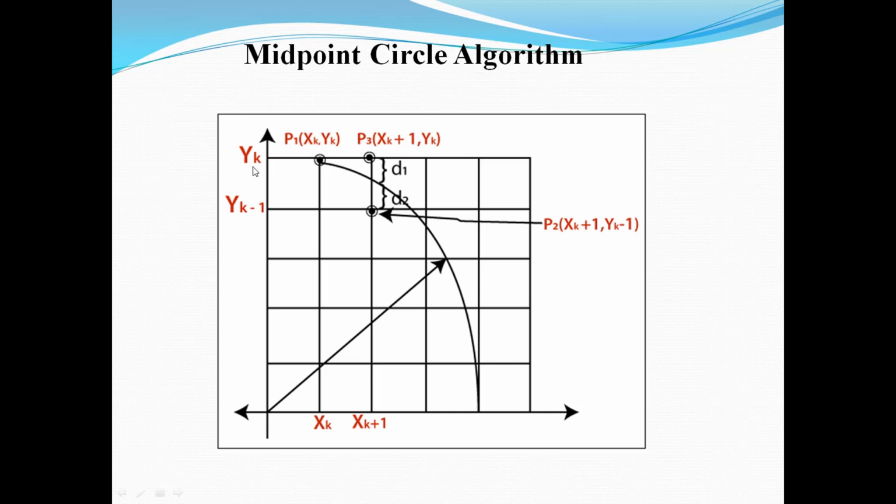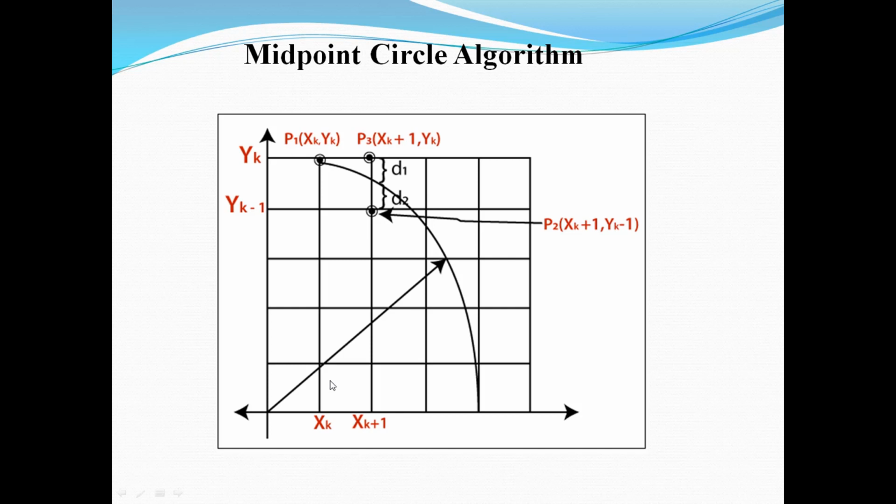The next position for y would be yk minus 1. Now the parameters: p1, xk, yk; p2, xk plus 1, yk minus 1; p3, xk plus 1, yk. These parameters represent the decision parameter.